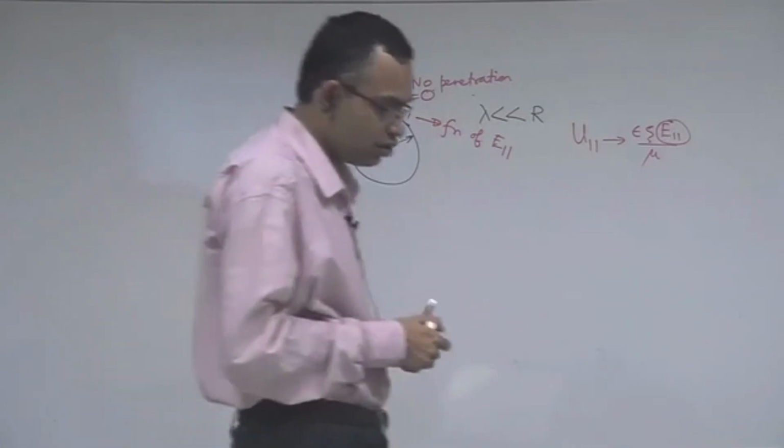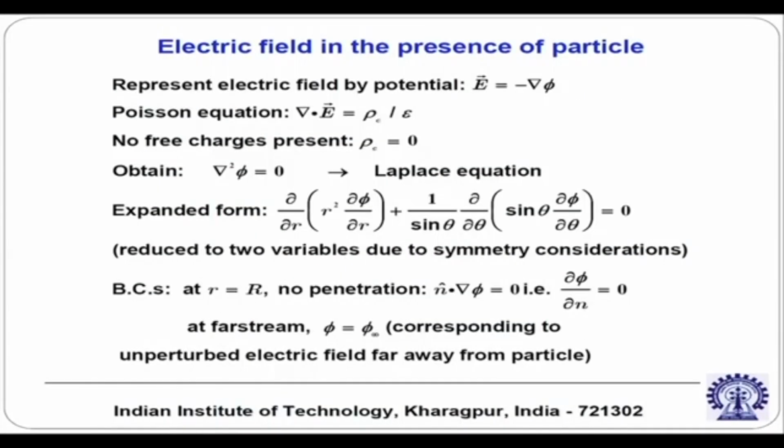So, let us go to the corresponding governing equation. For the ideal potential distribution we have already seen it, but this is the potential distribution for the field due to the applied potential, given by phi.